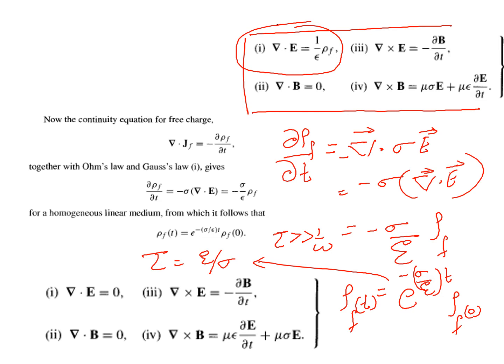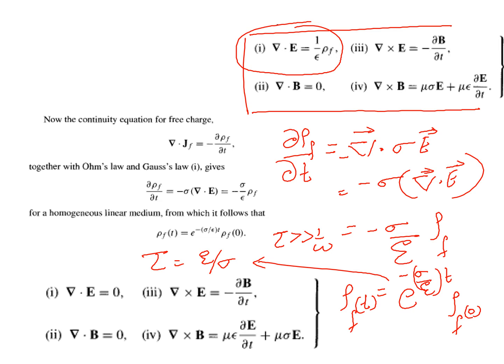If you keep some free charges, they move to the surface, to the edges. How much time it takes to reach the edges shows how good a conductor is. For a perfect conductor, it reaches all of a sudden when you keep that charge.